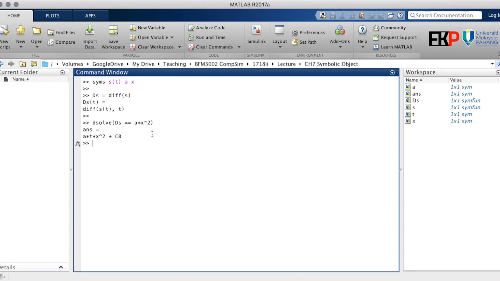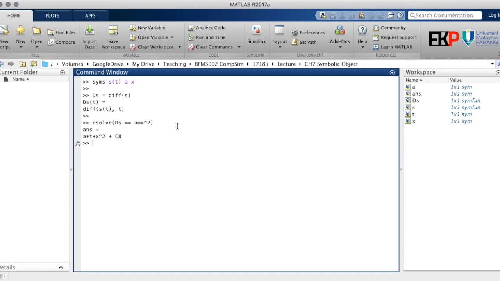We can see here that the solution is calculated with respect to the independent variable t. That's why nothing has changed. Ax squared here has not been changed, but the variable t has been added to the solution, because MATLAB has calculated the solution with respect to the variable t.